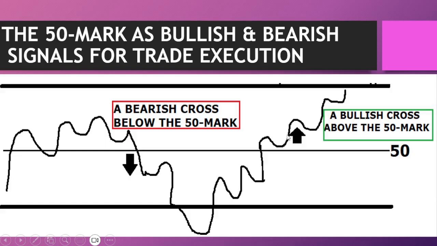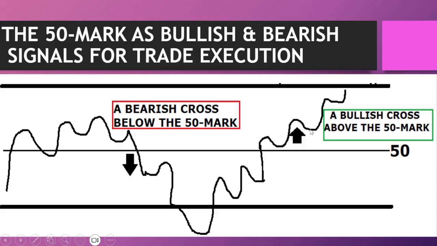So a perfect bullish trade execution is taken when the MA line of the RSI indicator moves above the 50 mark line and stays between the 50 mark line and the 70 mark of the RSI indicator.